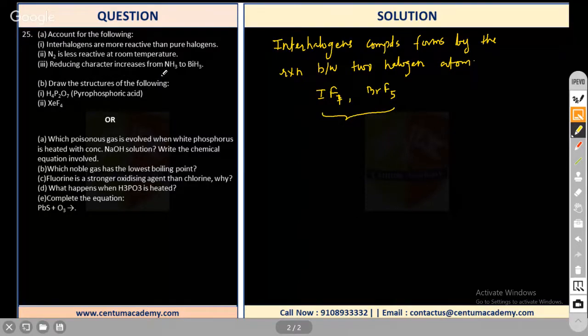Reducing character increases from NH3 to BiH3. Third one, tell me the reason.